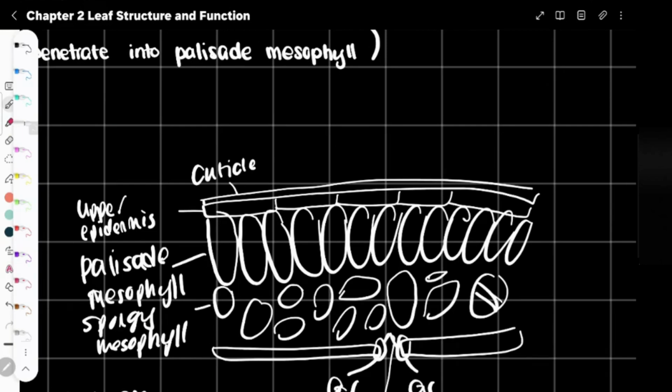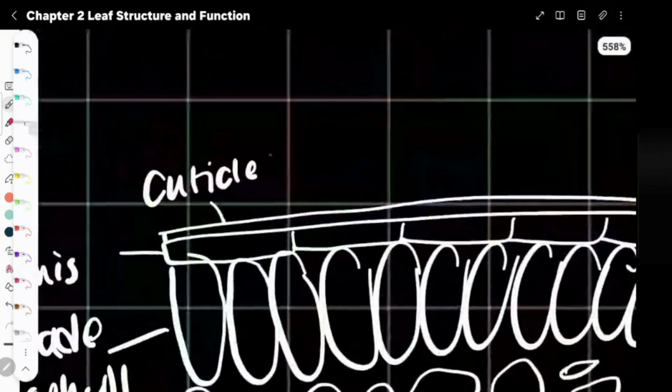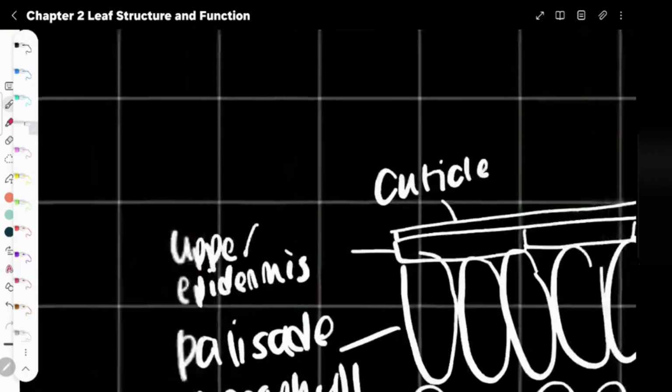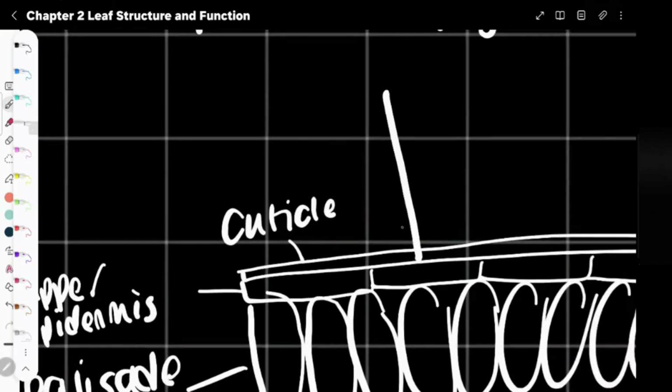I forgot to mention one more thing. The cuticle is waterproof, correct. Second, there's one more function that you have to memorize, which is transparent. Why? Because you want to allow sunlight to enter.